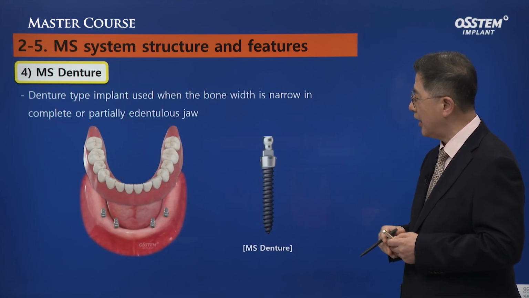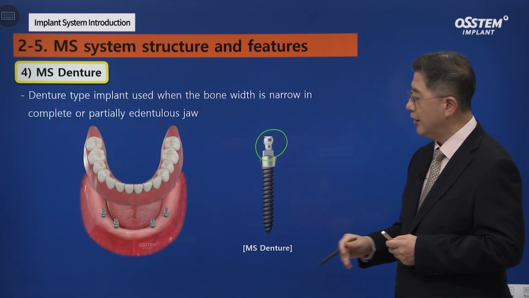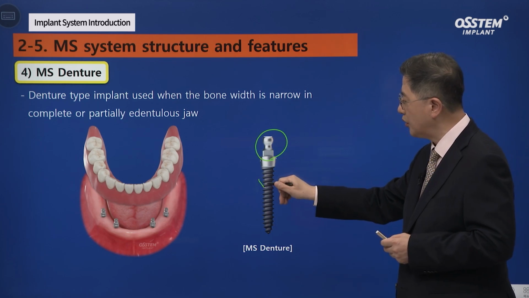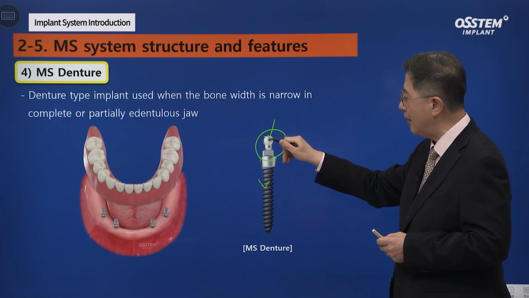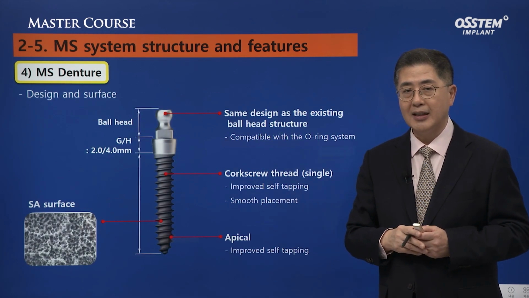As for the denture type, this is a ball attachment for overdenture, but once there's osseointegration, and if there is wear on the attachment, there can be issues, so we need to consider that.